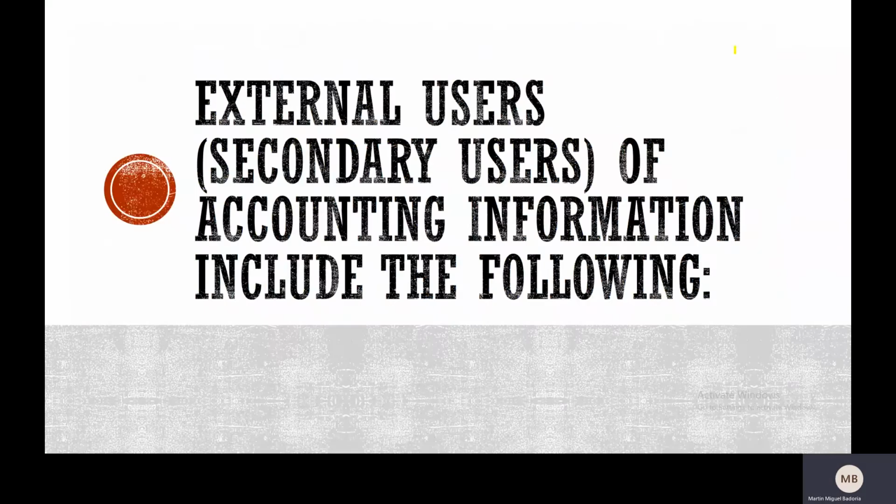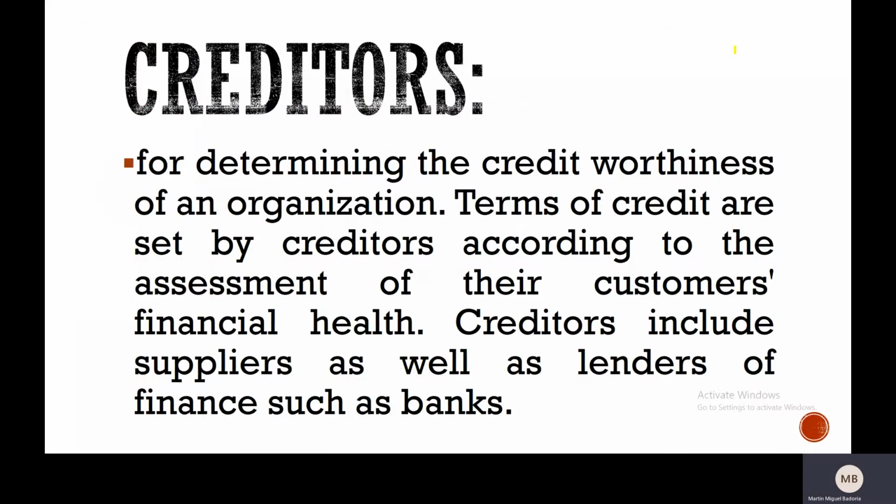So, external users or secondary users of accounting information include the following. Again, it's creditors for determining the creditworthiness of an organization. So ito yung major focus ng creditors. Yung kaya ba ni business magbayad sa utang kung pautangon sila. So terms of credit are set by creditors according to the assessment of their customers' financial health.